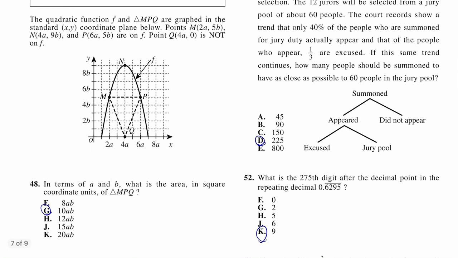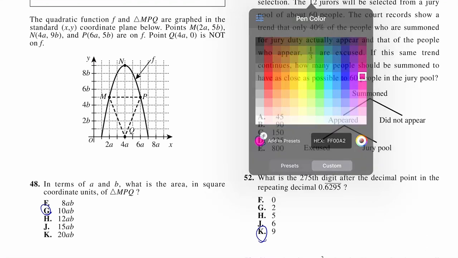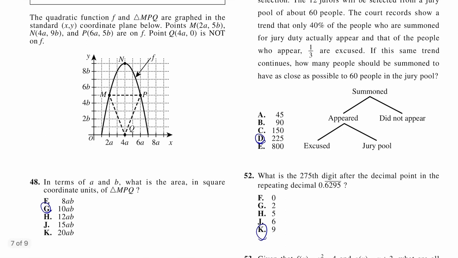So number 48 says, in terms of a and b, what is the area in square coordinate units of triangle MPQ? So we want to know what the area of this is. It's a triangle. The formula for the area of a triangle is 1/2 of the base times the height.